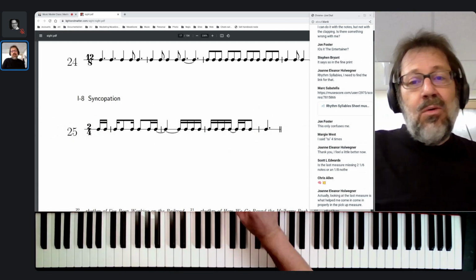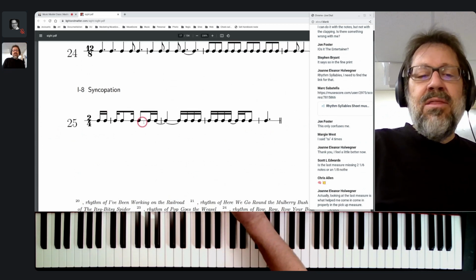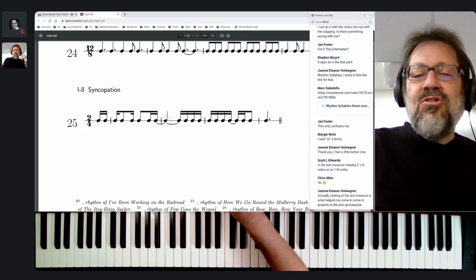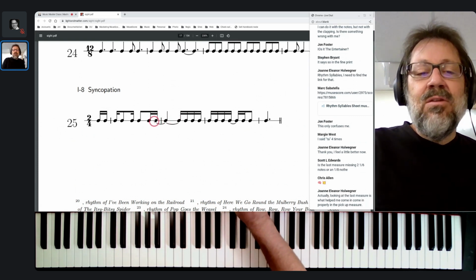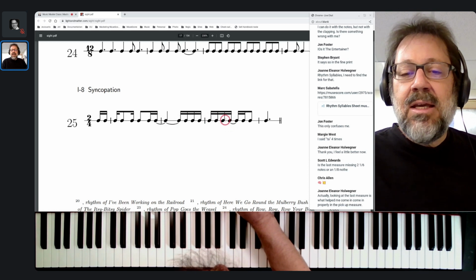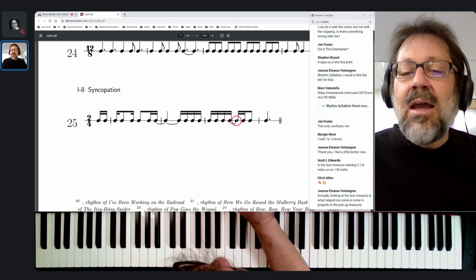Okay, so that was a nice example there. This idea that each beat is now easily visible. Notice here we have taki tiki ki ti, right? That ki at the end of that first beat is tied into the next beat.